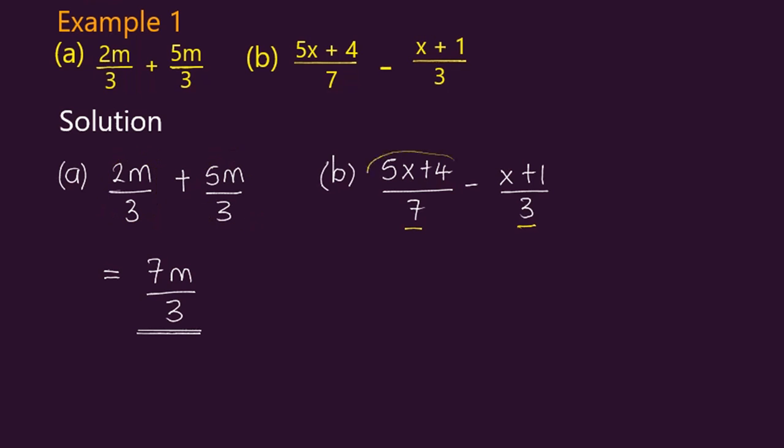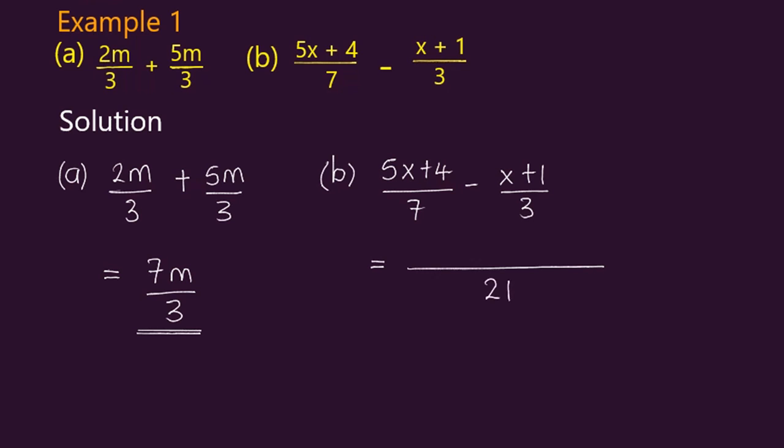Since we have different denominators, we look for the lowest common multiple for the denominators 7 and 3, and this will give us the denominator of 21.